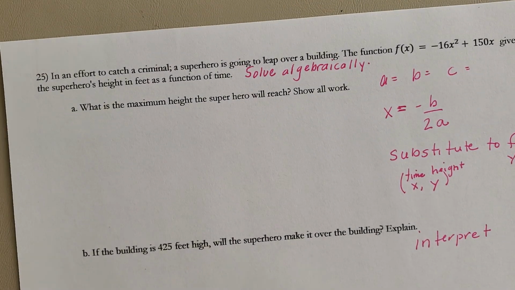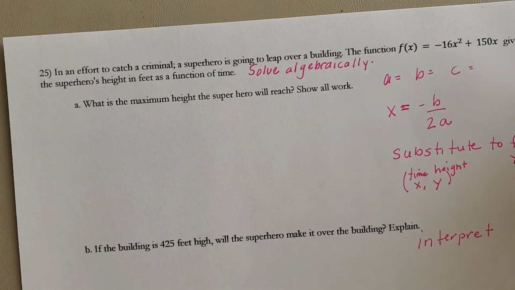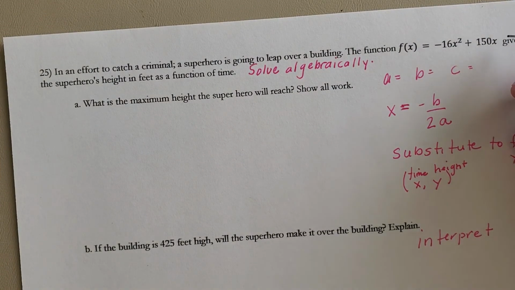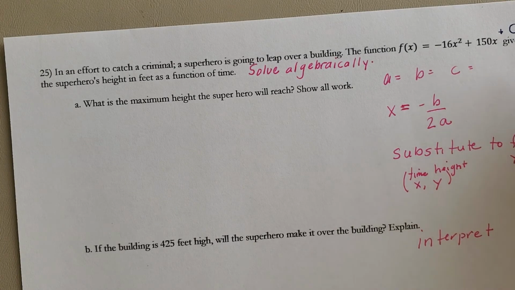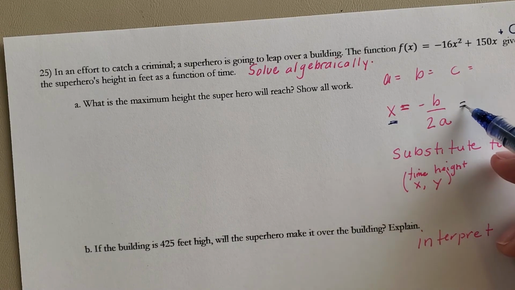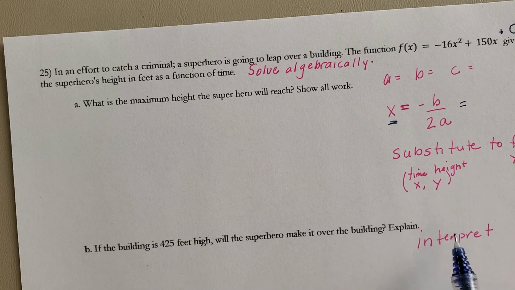I gave you some notes here that you have to define A, B, and C. And so there is no C value here. All right, so this is like a +0. You've got squared, first power, no power. So you need to use this formula to find your X value, and then you substitute whatever you get from that into the equation to find your Y value.